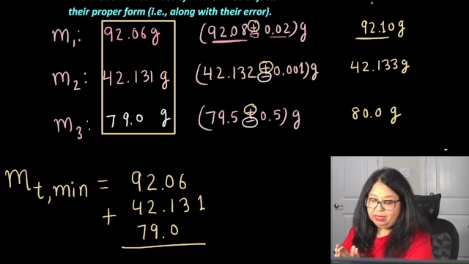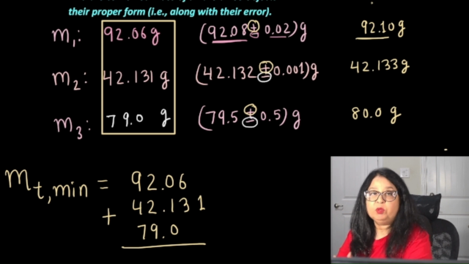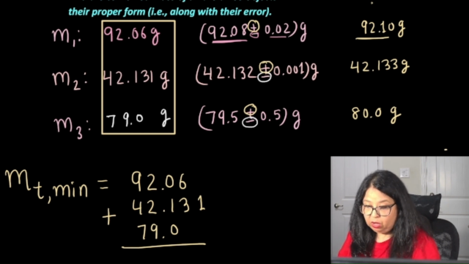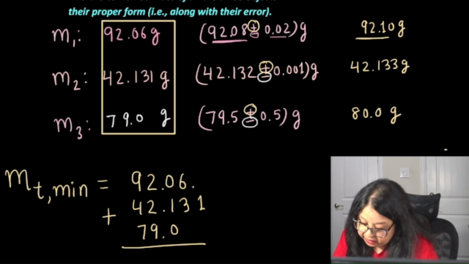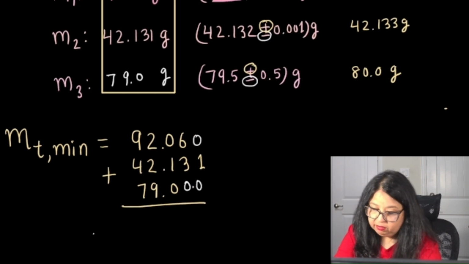Let's add these up. You can see that they're not all up to the same number of decimal places. The top one is to 2 decimal places, the middle one to 3 decimal places, and the bottom one to just 1 decimal place. Now to add these up, we're going to pretend like they're all up to 3 decimal places. And let's see what this summation gives us.